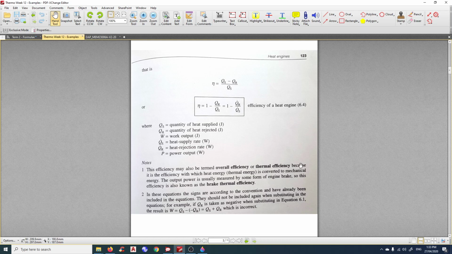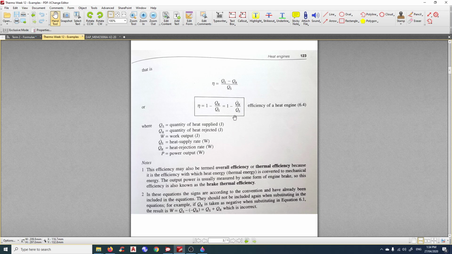The reason it's called thermal efficiency is because this is the efficiency with which the heat energy is converted into mechanical energy. So it doesn't calculate the theoretical maximum efficiency. It's good enough to calculate overall efficiency, although it's not that accurate in the real world.